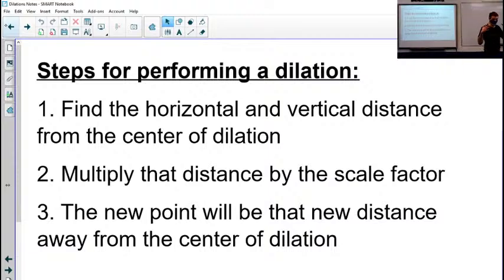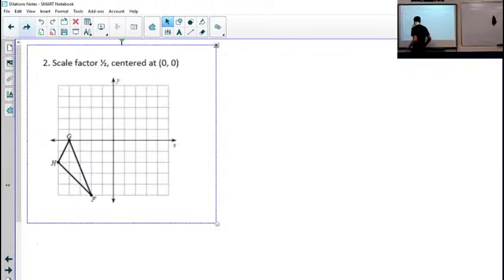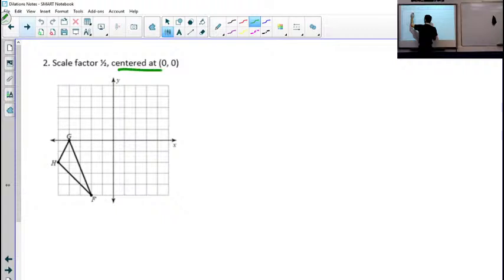We're taking our distances. Again, I'll give you a chance to write it down later. We're going to take those distances and multiply them by whatever our scale factor is. And that's going to be the new distance we go from our center. And our center here is going to be at 0, 0.